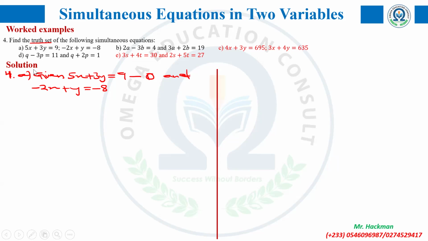Here, our leading coefficient, which is the numerical coefficient of the first term, is negative. So if you like, you can make it positive, manipulating before you label, or again, I can label. So I will call this equation 2.